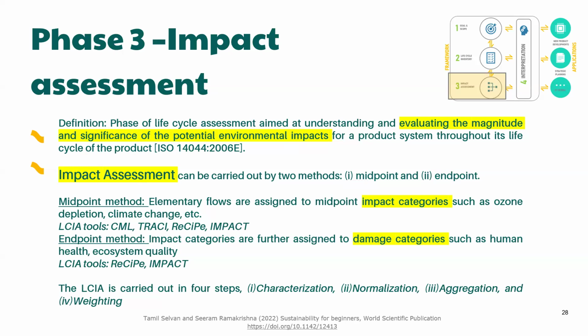If you want to measure the environmental impact of a coffee cup using a midpoint method, you can understand damage categories like deforestation. And if you use the endpoint method, you can understand how that would impact human health, for example. So these are the two different types of impact assessment method used in our LCA tool.